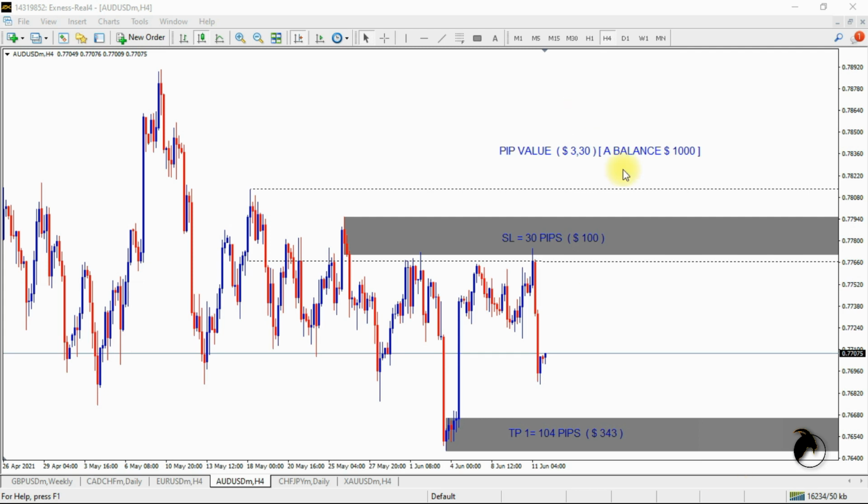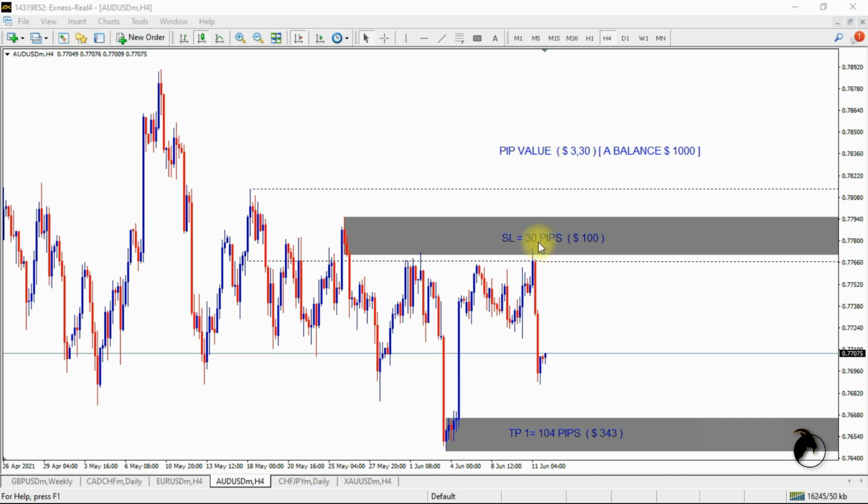So this right here, it's our value per pip after we did our calculations, meaning price will travel $3.30, whether it's traveling in our direction or against us. Every time price moves a pip, it will move with the value of $3.30.